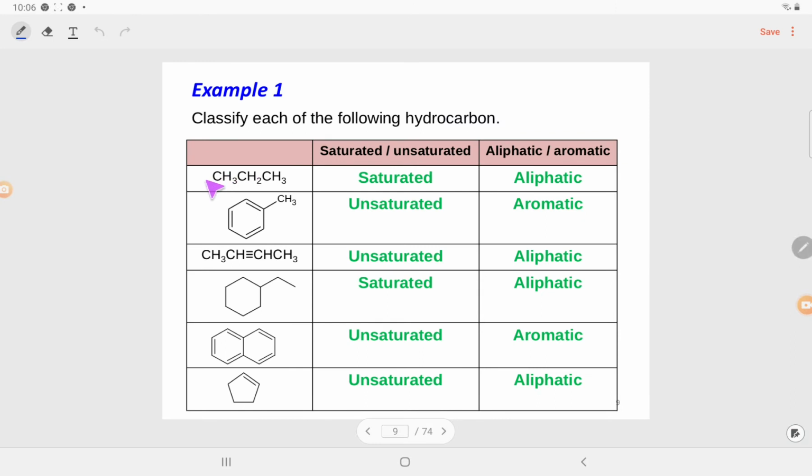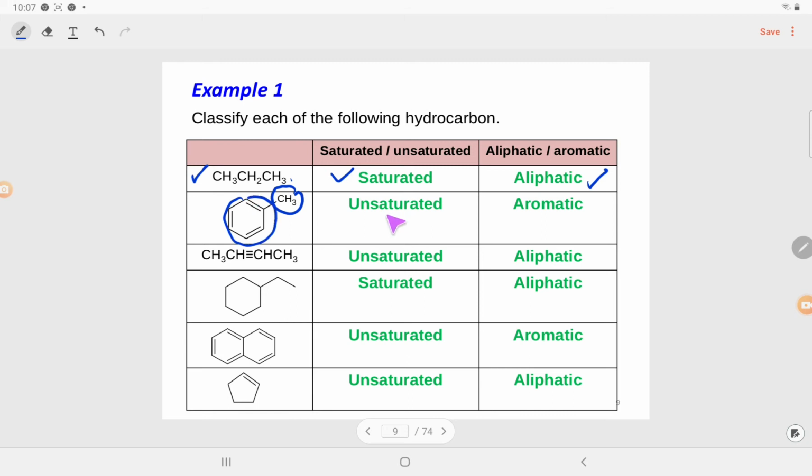So the first compound, this is the open chain. This is classified as saturated because all of them are covalently single bonded, and this is an open chain structure, so we classify this as aliphatic. This hydrocarbon is directly attached to an aromatic ring.